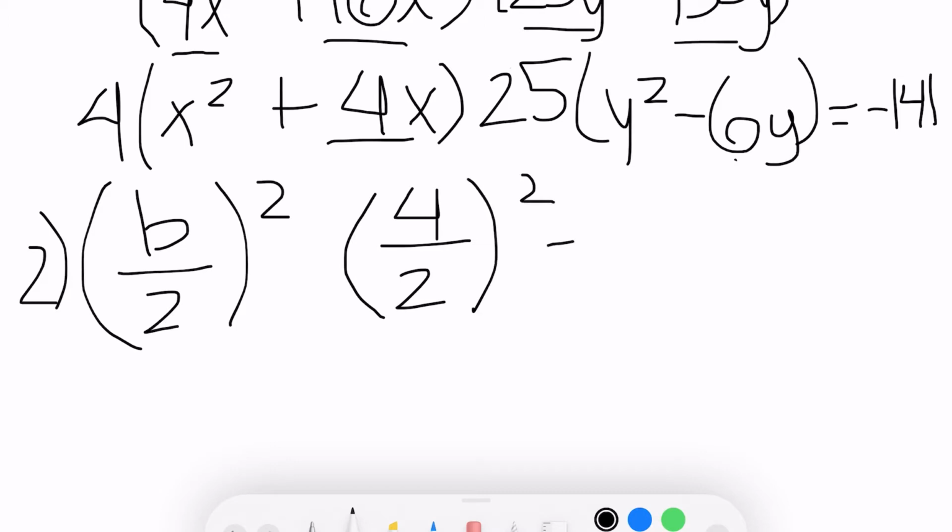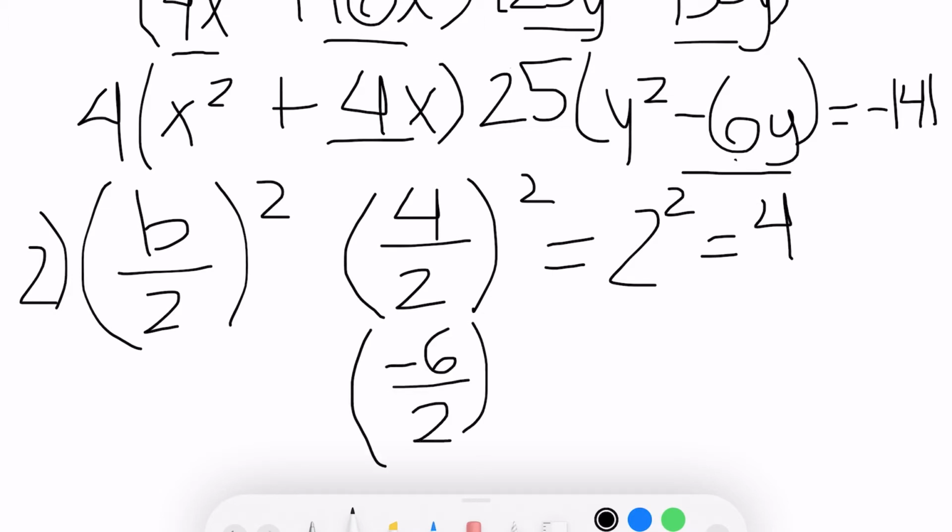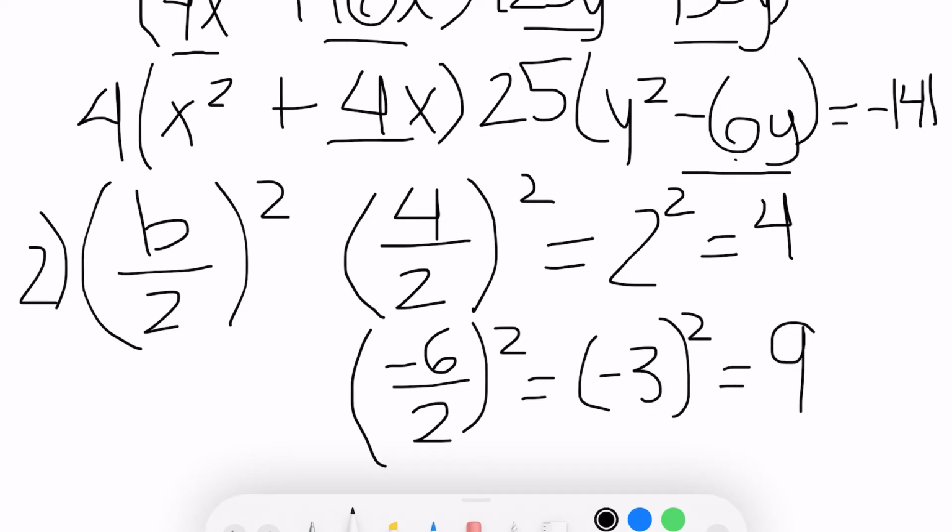So 4 over 2 to the squared power would be 2 squared, which equals 4. And negative 6 over 2 squared equals negative 3 squared, which is equal to 9.